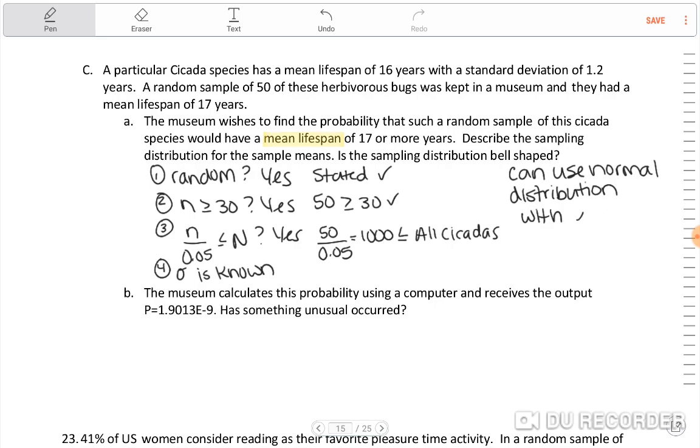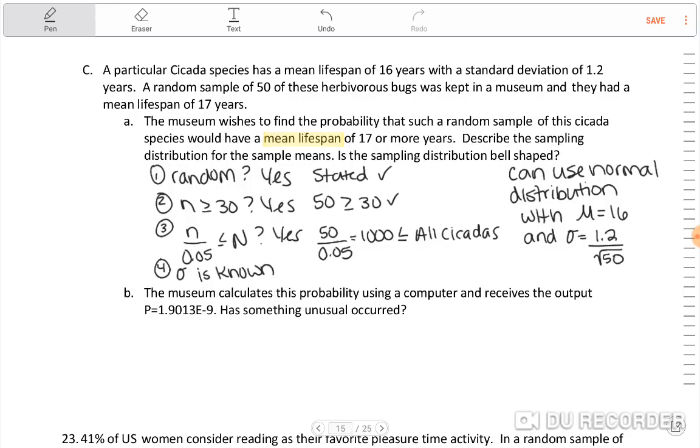With mu equals, what's mu? 16, mean lifespan is 16 years. And the standard deviation equals sigma, so 1.2 divided by the square root of n, which is 50. Okay.